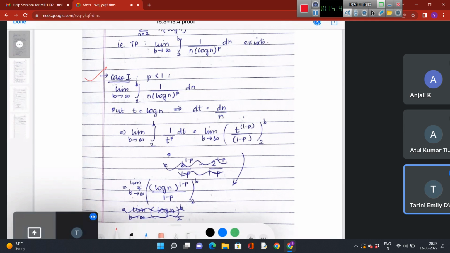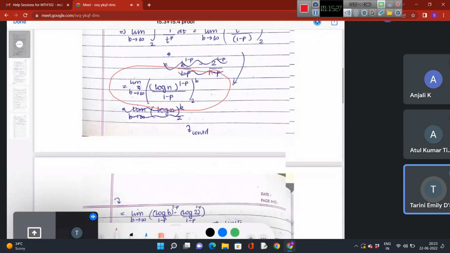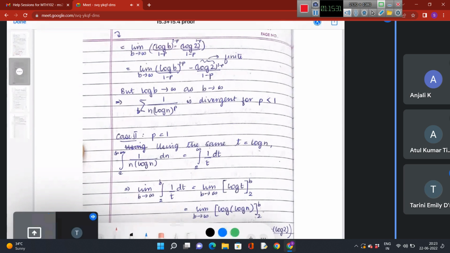When we solve that integration, we get t raised to 1 minus p upon 1 minus p in the limit of the integral test. Because p is less than 1, the log part stays in the numerator. Here we are substituting back the value of t.